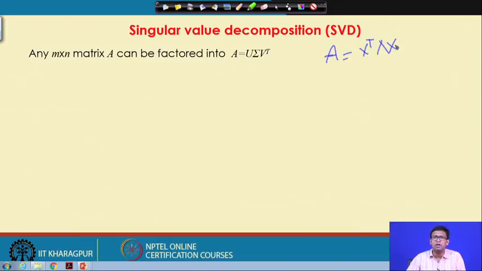In case of a rectangular matrix, a similar decomposition is possible, which is given as A is equal to U sigma V transpose.